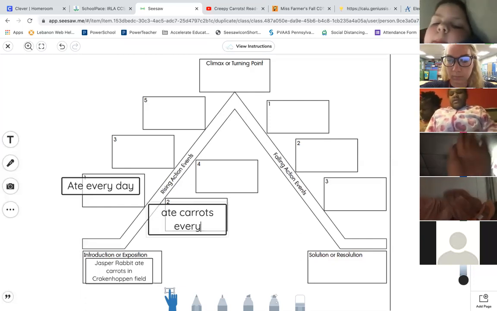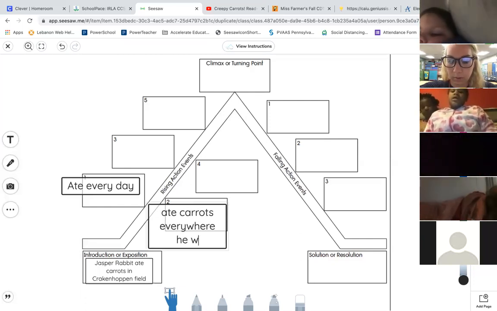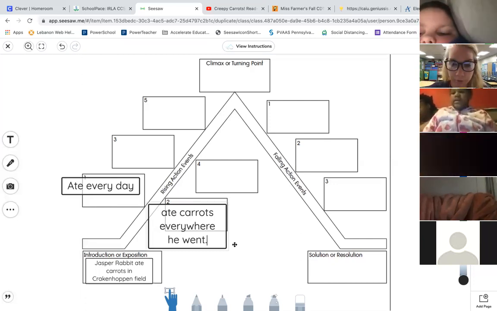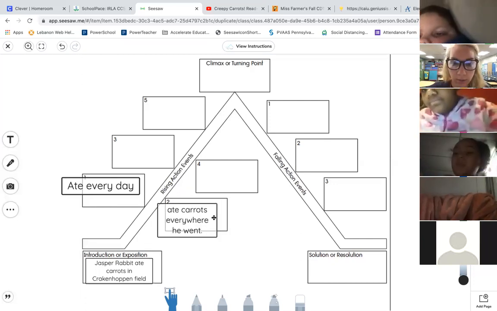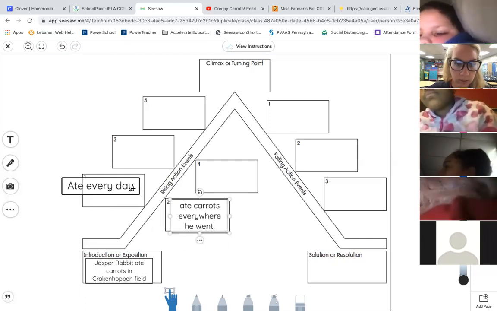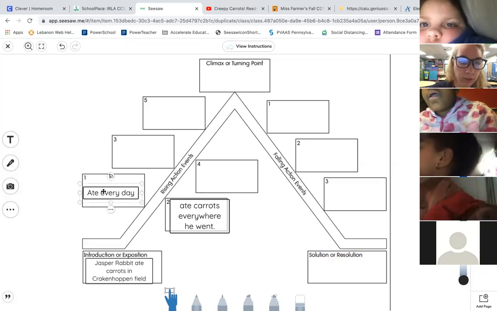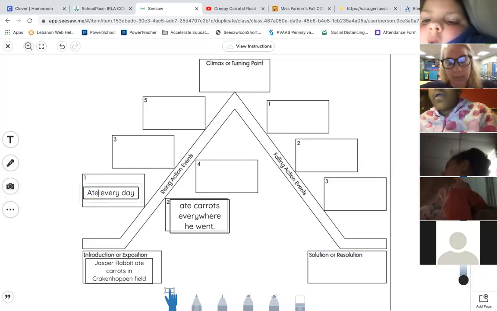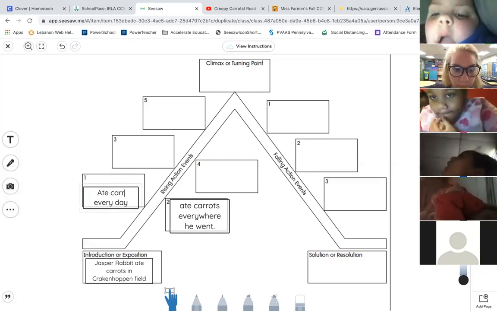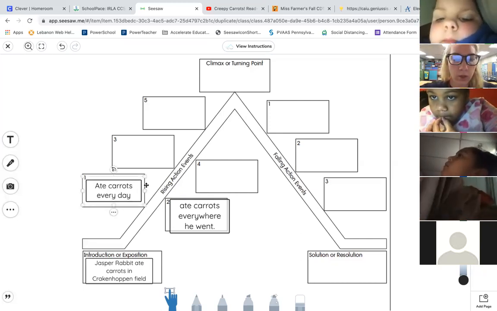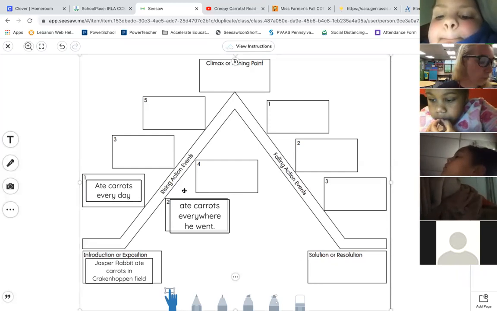Yeah, like a sport thing. So he had them anywhere he went, every day. Those are really important details. So we're going to put those in there. He ate carrots every day and everywhere he went. And I'm going to put carrots in there because I don't want us to think he just eats. Okay. And then what else happened?